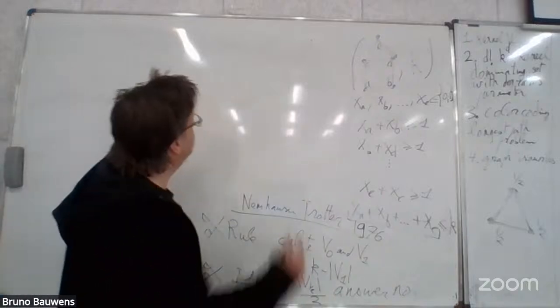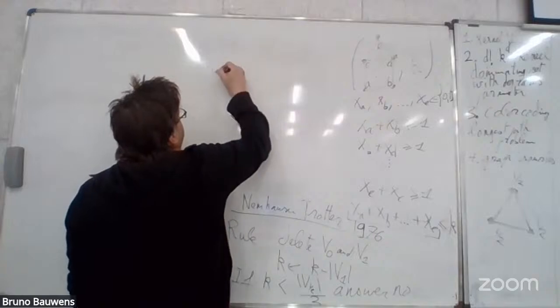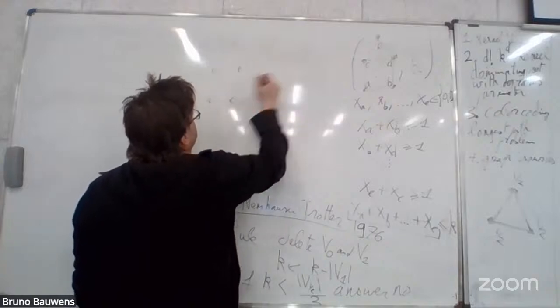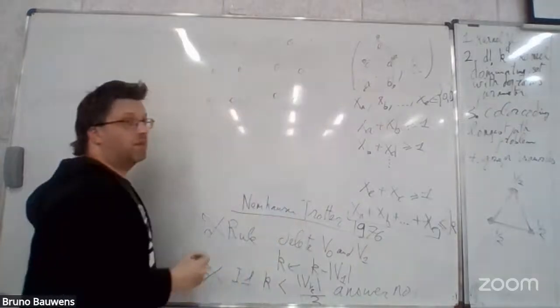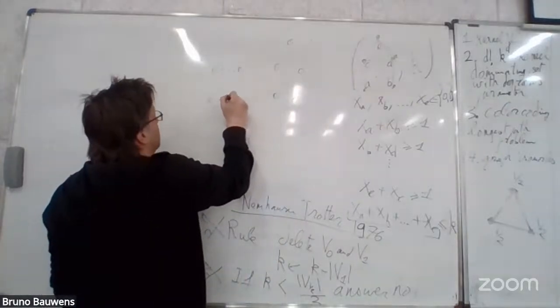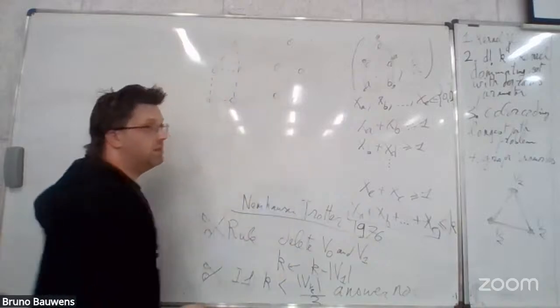Okay, so what we do is we start with, let's say, this graph, and we build a graph consisting of 2 copies of the nodes of this graph, but we don't add the edges.